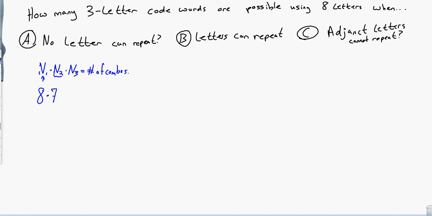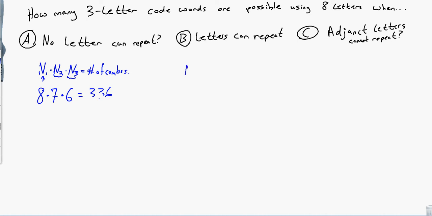Well, that would just be 1 less than 8. Similarly, if 2 letters have been removed from our set, how many available options do we have for our third n? Would just be 6. So 8 times 7 times 6 will give us 336 combinations.